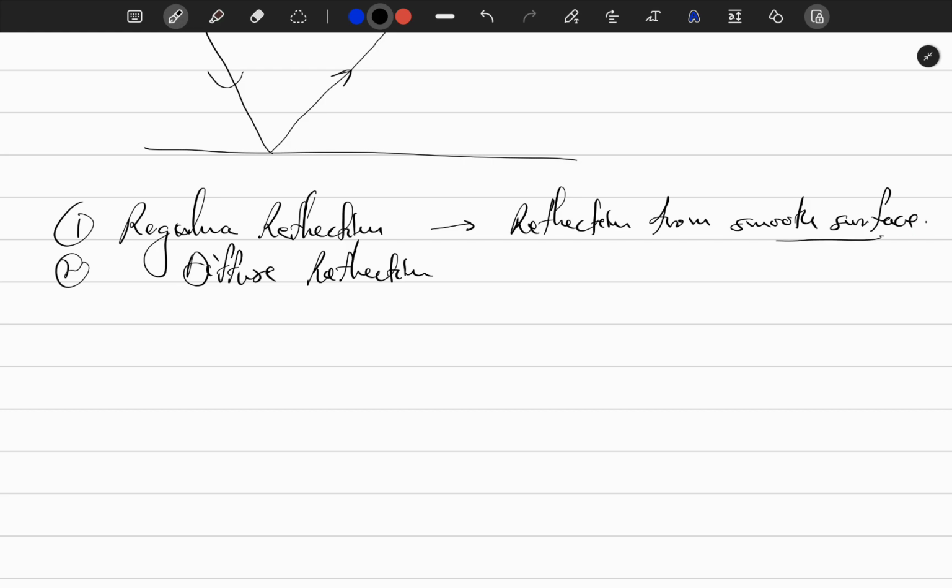Well, no perfectly smooth surface exists, so this is a very hypothetical thing. Diffuse reflection is reflection from a diffuse or rough surface.